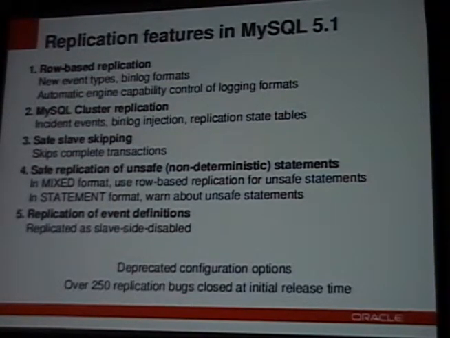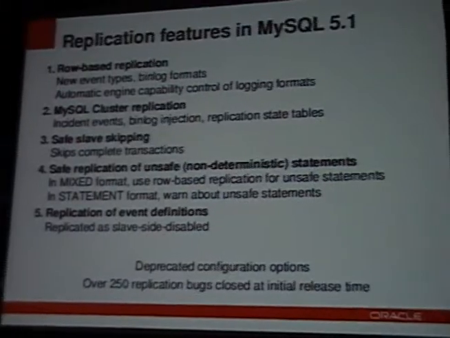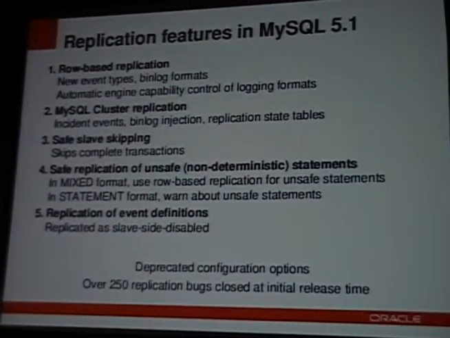We also introduced replication of event definitions. So if you create an event on the master, the definition of this event is replicated over to the slave. But if you would execute events also on the slave, we could get a double effect, because the effect of the events on the master are replicated over, and if you would execute events on the slave, you would get the effect again from these events.